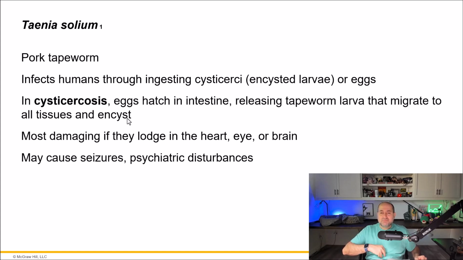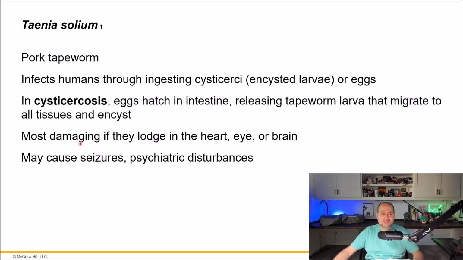That adult tapeworm will release eggs. And if you were to not wash your hands and re-inoculate yourself with those eggs, they could then migrate to all tissues and form cysts, a process known as cysticercosis. You don't want this because those cysts can end up everywhere in your body. Imagine worm cysts throughout your body, like riddling your body.